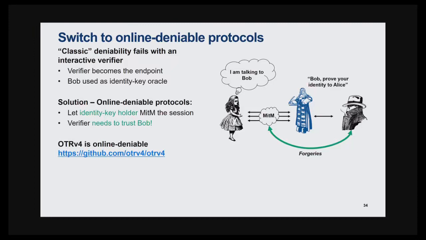The verifier has to depend on whether she trusts Bob. So we're back to the normal kind of deniability situation. So the upcoming OTR v4 protocol, which isn't ours, is going to be online deniable, and this is a big thing for this particular protocol, and they were nice enough to acknowledge this attack as being an important justification for using this type of online deniable protocol.